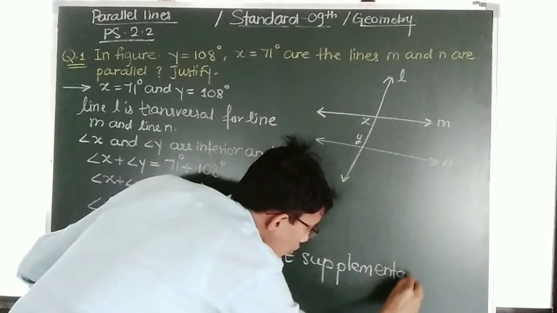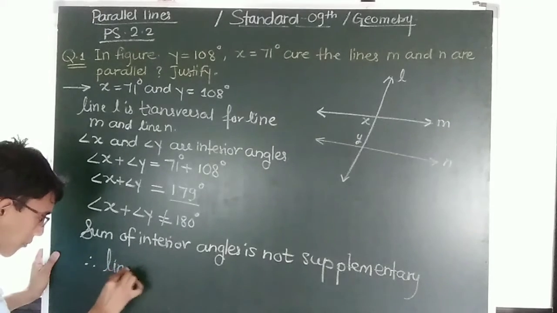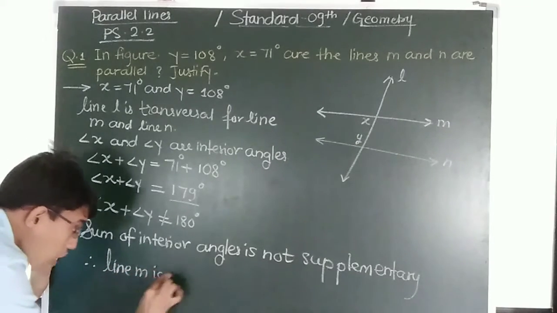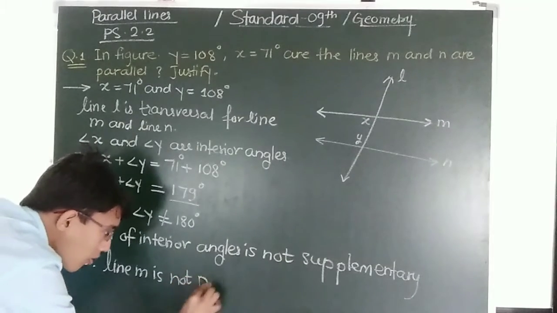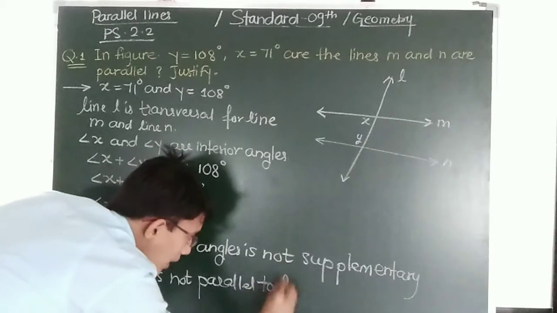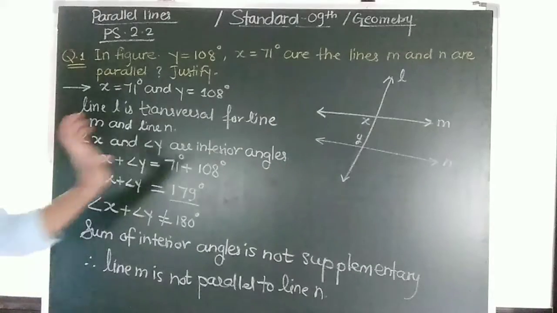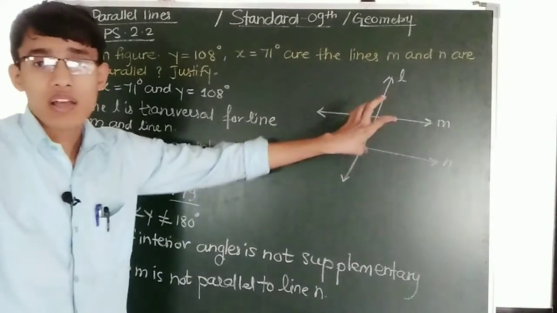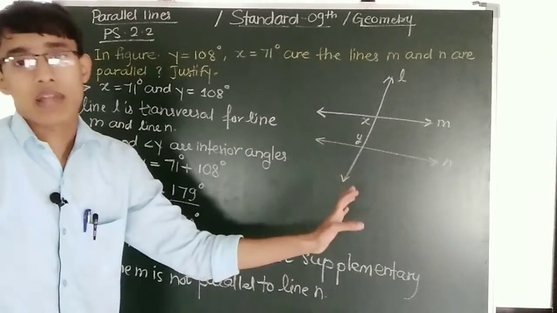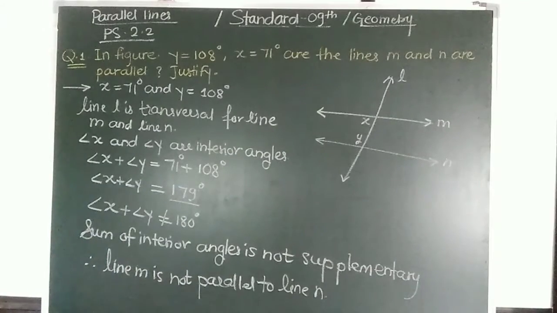Supplementary means 180 degrees. Therefore, line M is not parallel to line N. Okay, both the lines are not parallel to each other. If the sum of interior angles is 180 degrees, then those are parallel lines. But as the sum is not 180 degrees, okay, the sum of the angles is not 180 degrees, so both the lines are not parallel to each other.